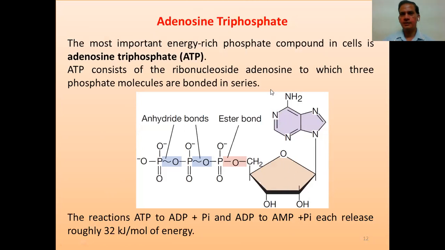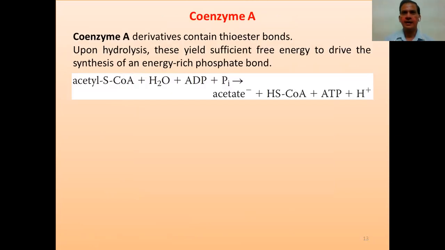This is the ribose sugar, this is adenine, and these are the 3 phosphate groups. We have 2 anhydride bonds and 1 ester bond. When these 2 anhydride bonds are broken, so ATP, let's say, converts to ADP, and this ADP converts to AMP, each will lead to a release of 13 kilojoules per mole of energy. So this is quite high energy.